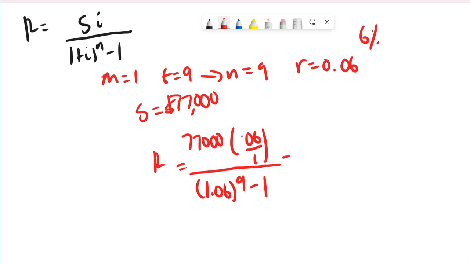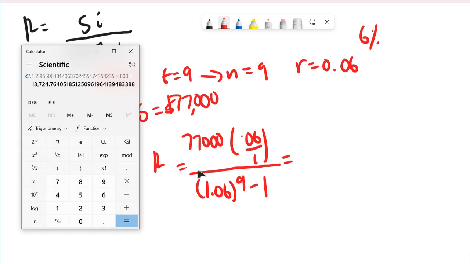Now consider that R is just the sequence of payments being made over time. So 1.06, raise that to the 9, and minus 1, and reciprocate that, multiplied by 0.06, and multiply that by 77,000.